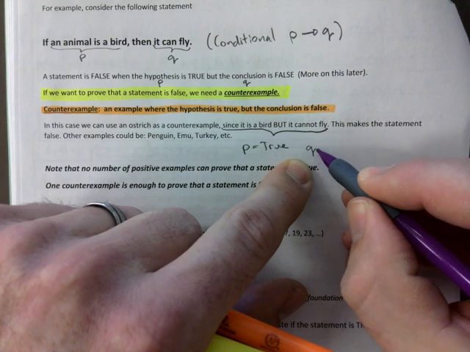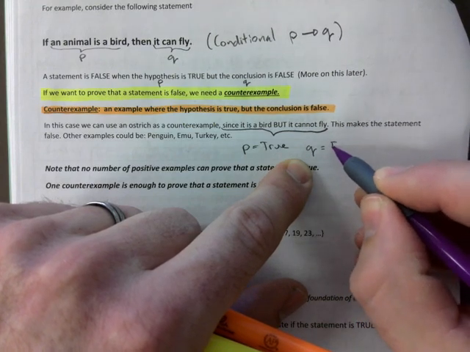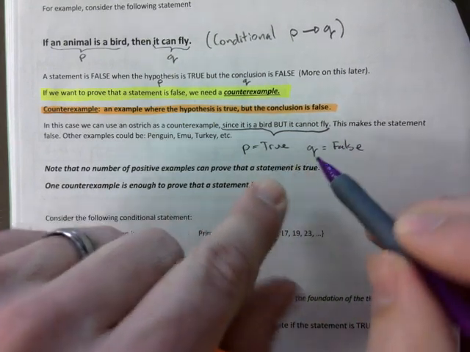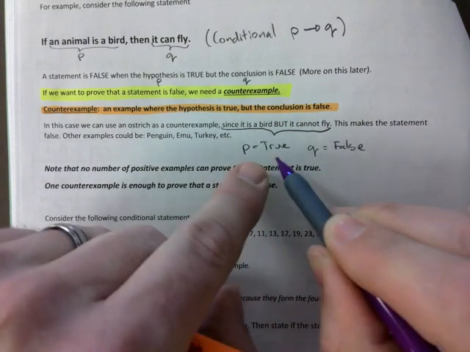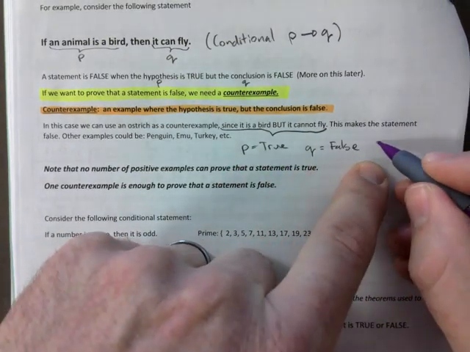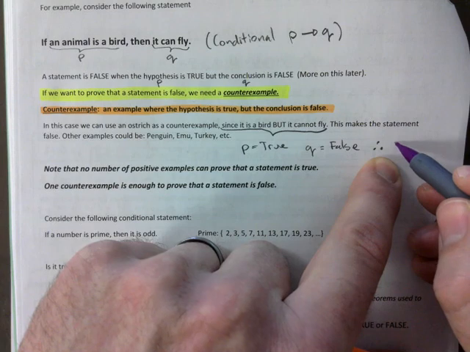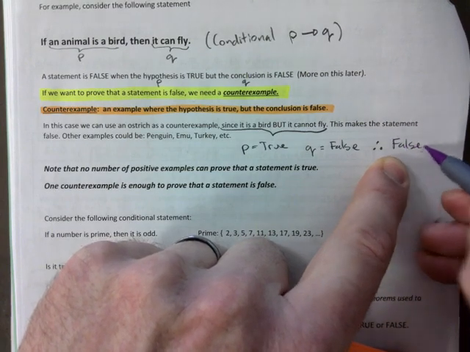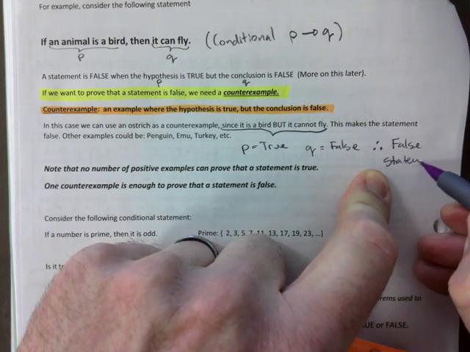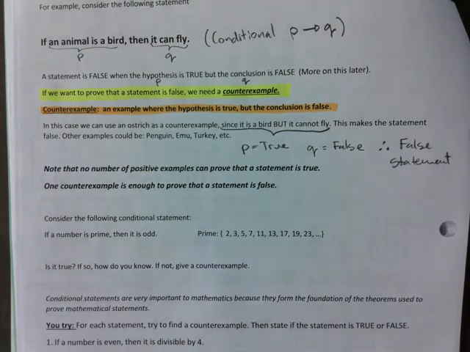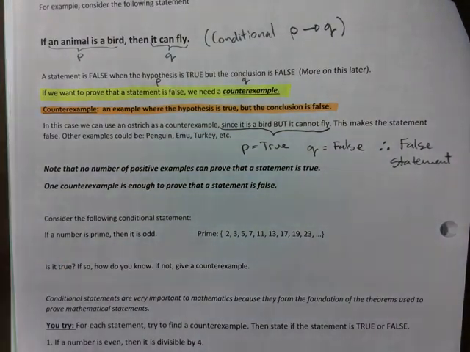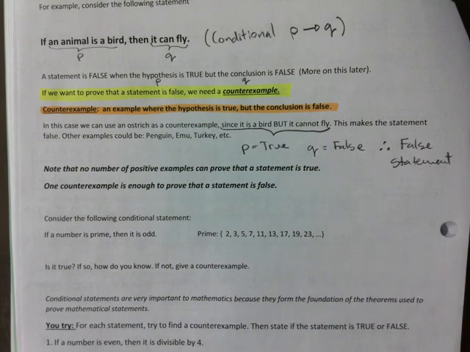But the Q part is false. So if you can find an example where this is going on, then you would say statement is false, right? False statement. You can no longer use this statement. Really, you can't use it anymore because you found a counterexample. It's dead in the water, okay?